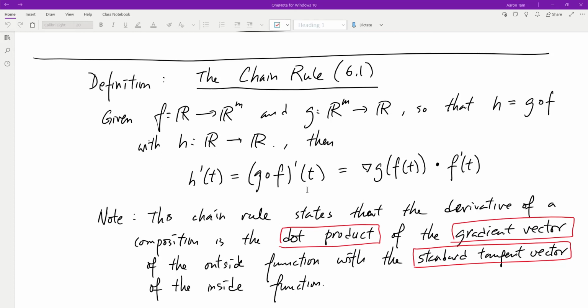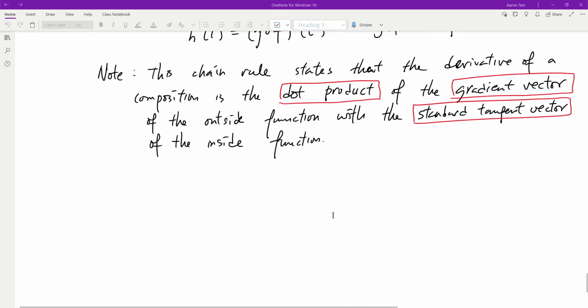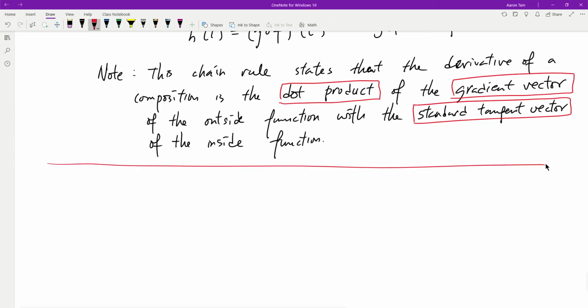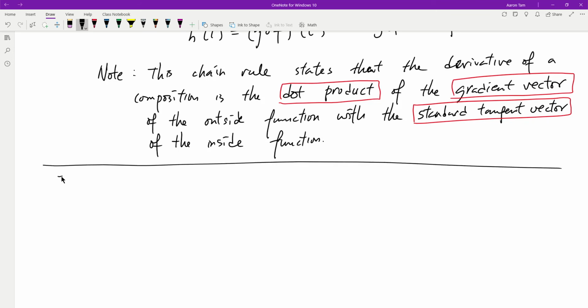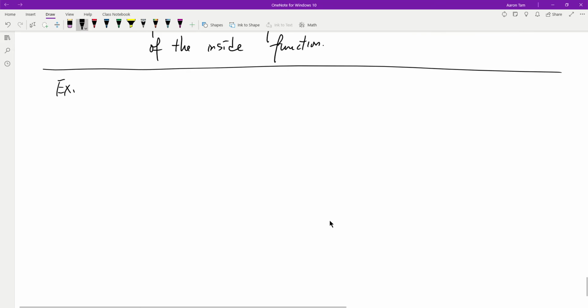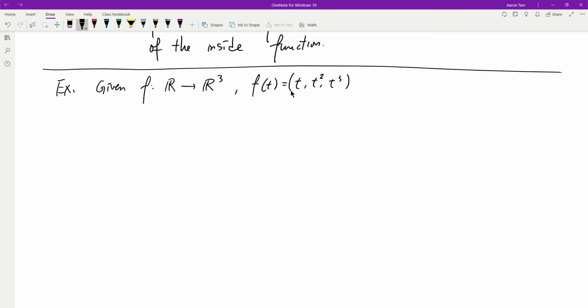So what I want to do today is start off by showing you some examples on how to do this. Let's say we're given a function f that maps from R to R^3, where f of t is equal to (t, t squared, t to the third).